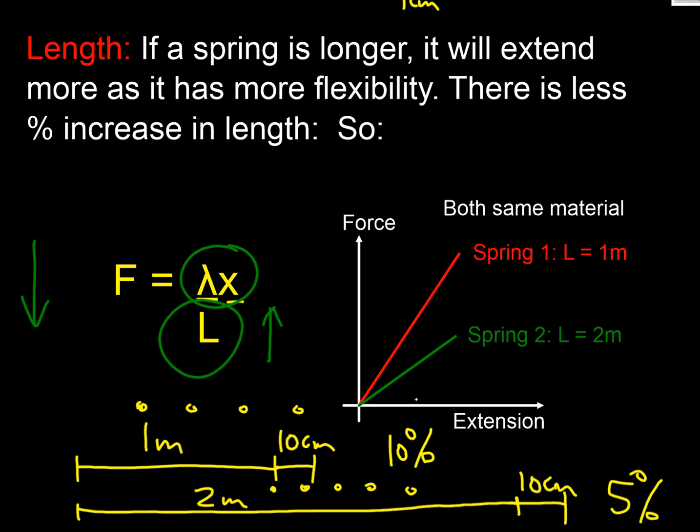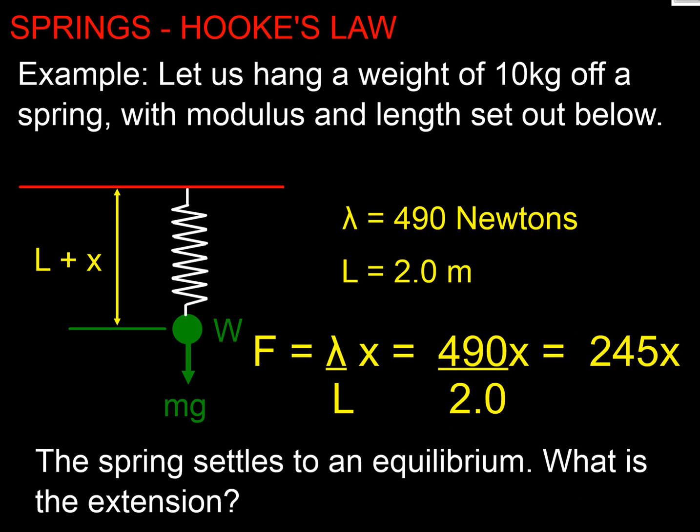And if I looked at that on a graph here, if I wanted to extend by 1 centimetre, my 2-meter section, I would need less force than I would for my 1-meter spring. So that's why the L is on the bottom. Makes sense, because we're putting less extension into the atoms and the atom's lattice.